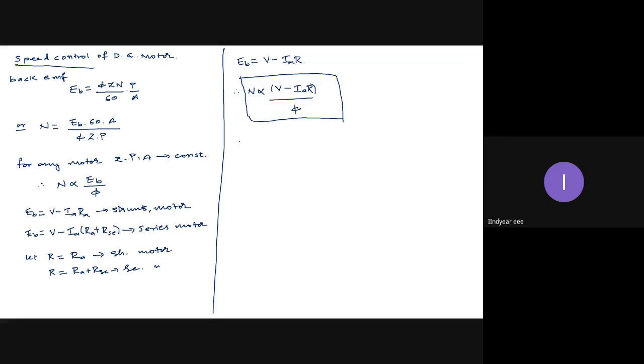Therefore, the speed of a DC motor can be varied, varied or controlled, both are the same, by the following ways, by the following mechanisms or by the following methods.